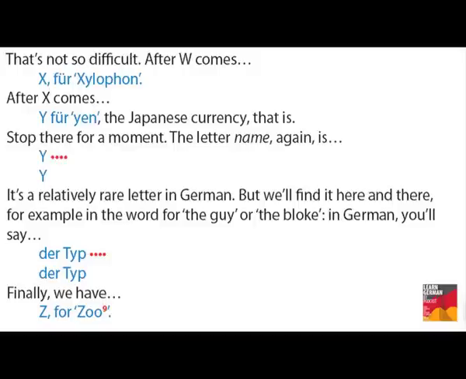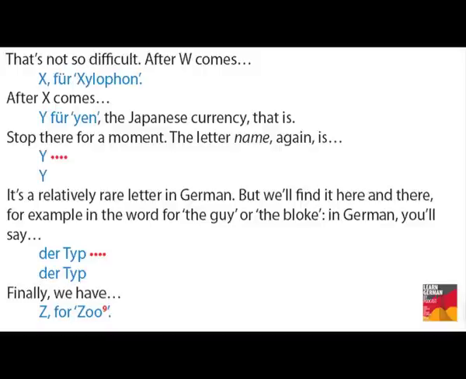After W comes, X für Xylophon. After X comes, Y für Yen, the Japanese currency, that is. Stop there for a moment. The letter name again is Y. It's a relatively rare letter in German, but we'll find it here and there, for example in the word for the guy or the bloke.